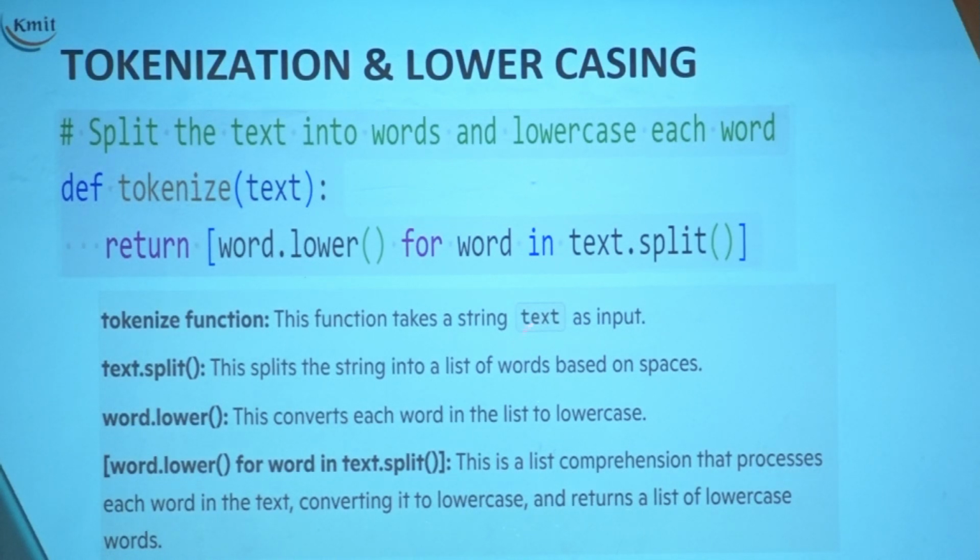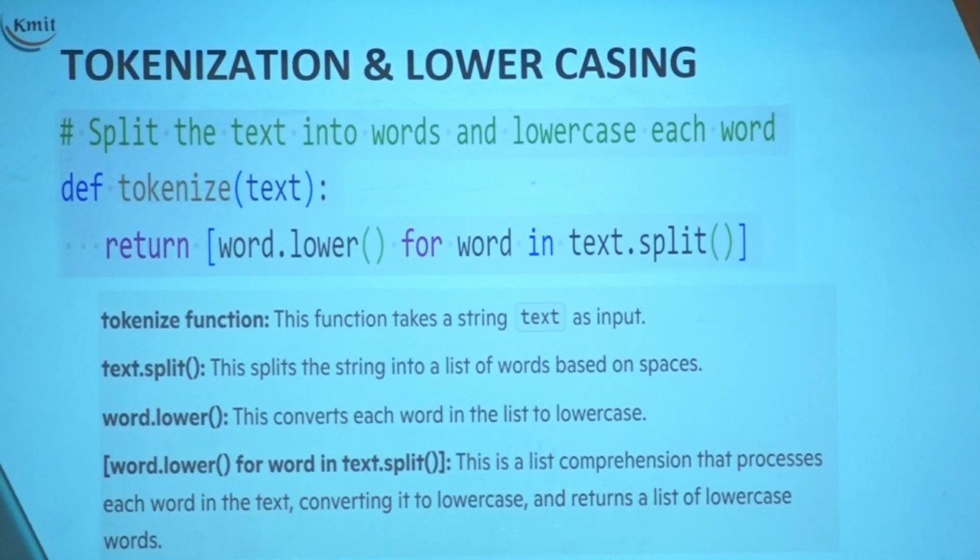Now, for every word that I get after my splitting operation, I am applying a dot lower method. So automatically what is happening? All the words that are generated out of that text are converted into lowercase. Why is it important for me to convert all these words into lowercase?